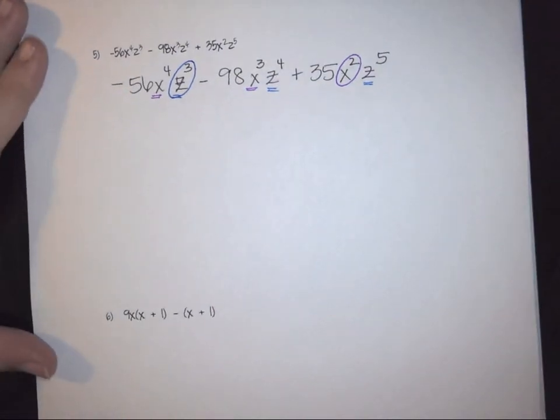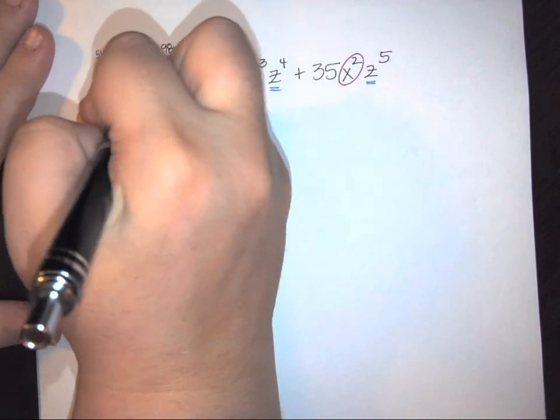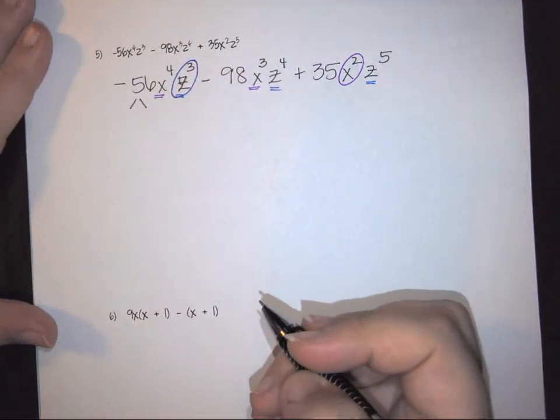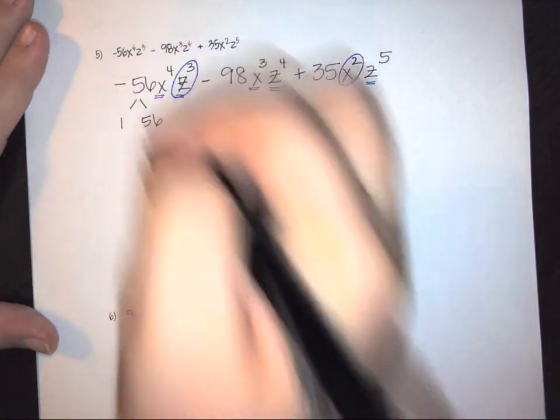And then last I have my actual digits. So my 56 I can break down. So I have my 1 and 56.